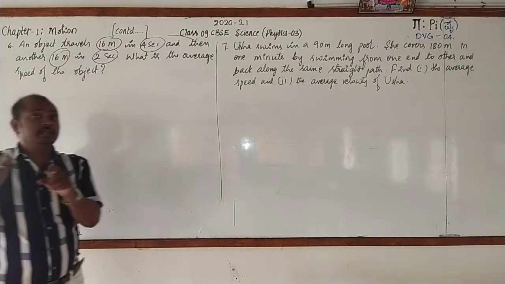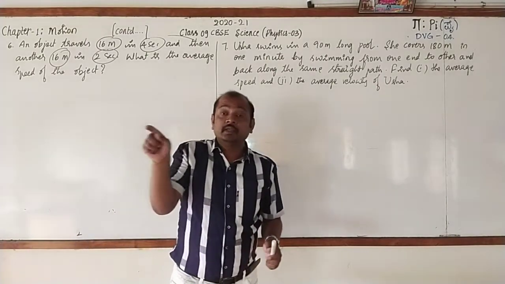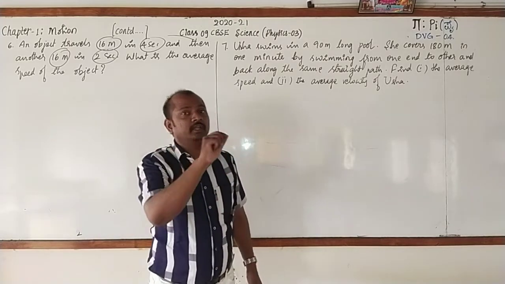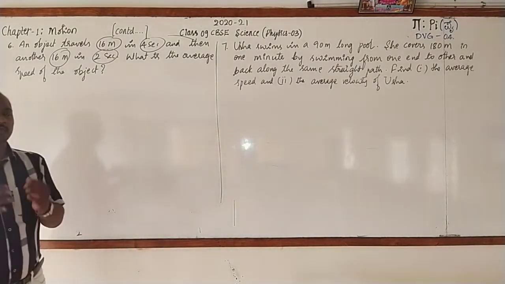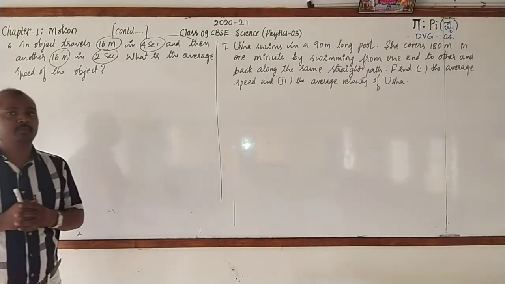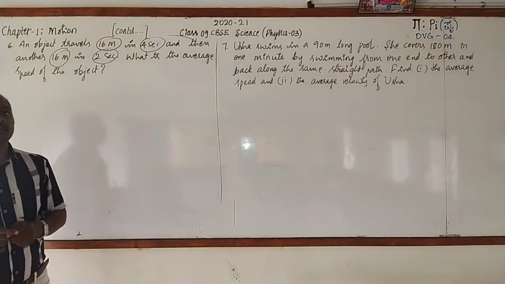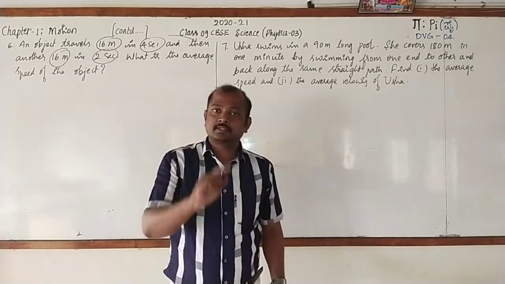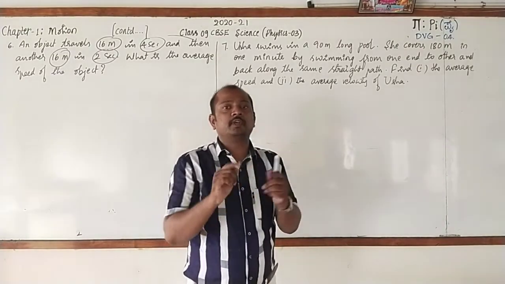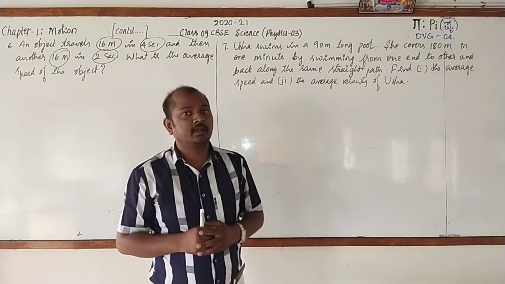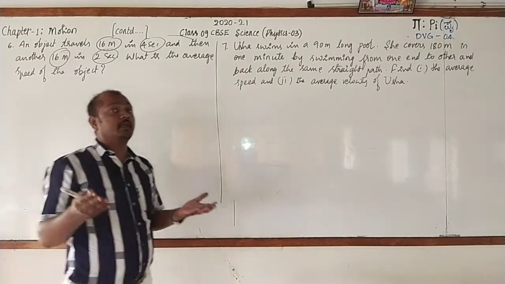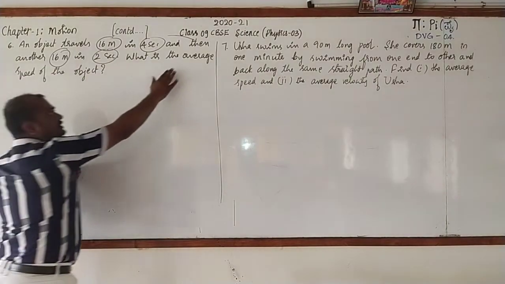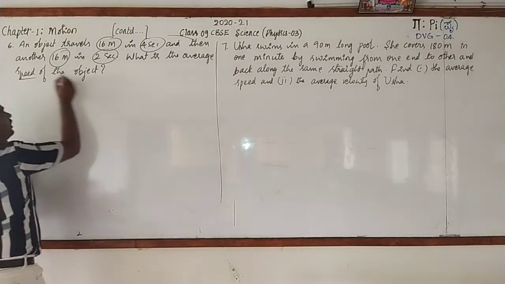As the body is covering equal distances in unequal intervals of time, you may say that it is non-uniform motion. Then do you agree that it is moving with different speeds? Yes. If the body is moving with different speeds, then obviously we go for taking average speed. Now we are going to find out the average speed of the object.